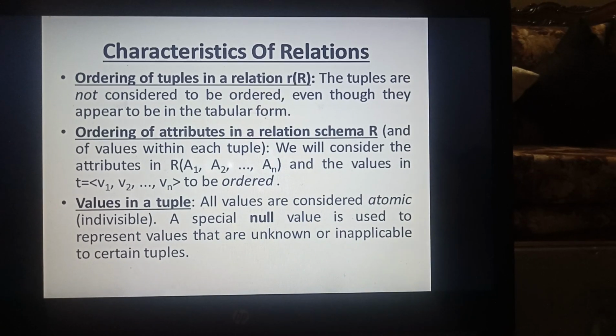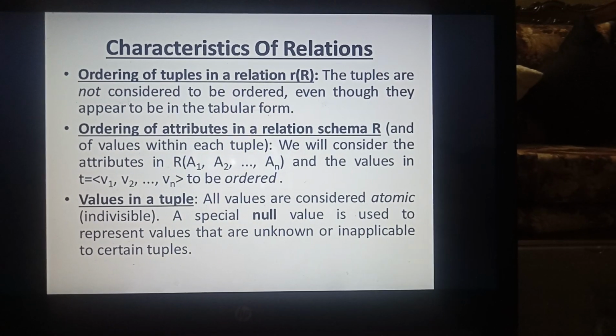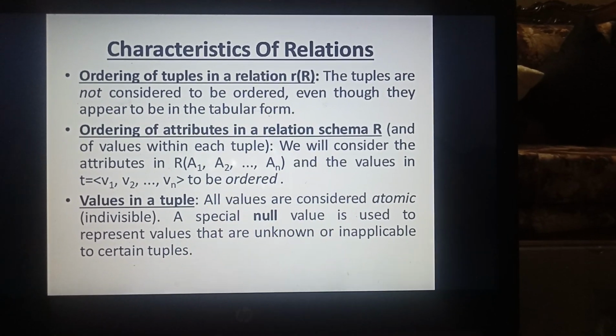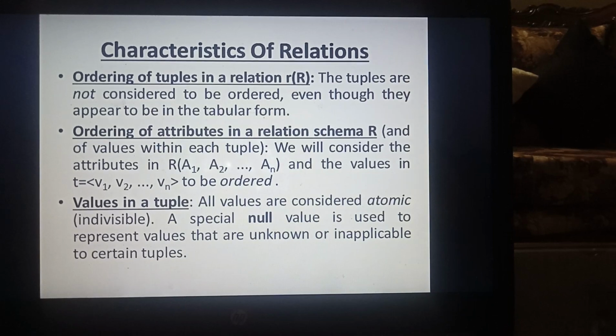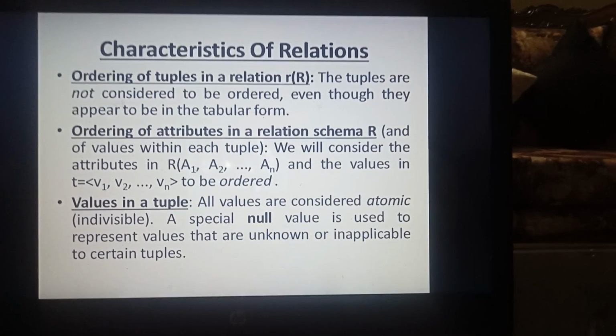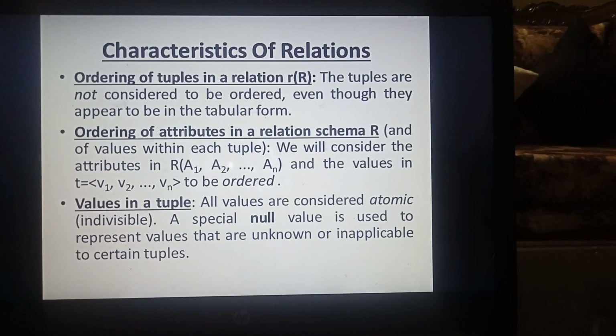This is the order of attributes. So we have to put the values in that particular order only. We cannot give the value of the name attribute first, then roll number and then contact number. We have to follow exactly the same order in which we have given the attributes.